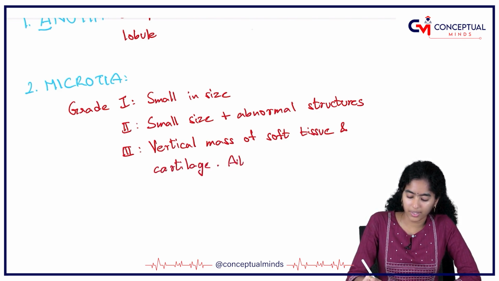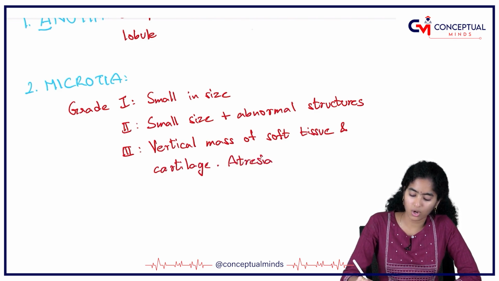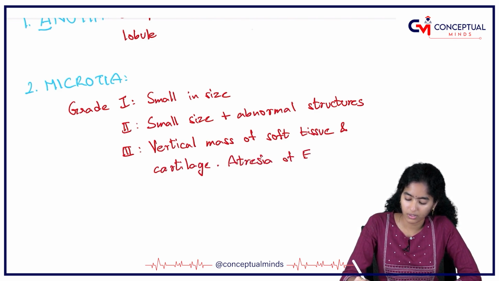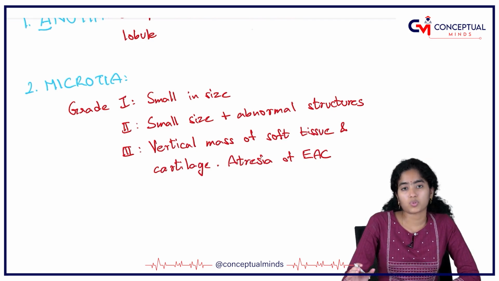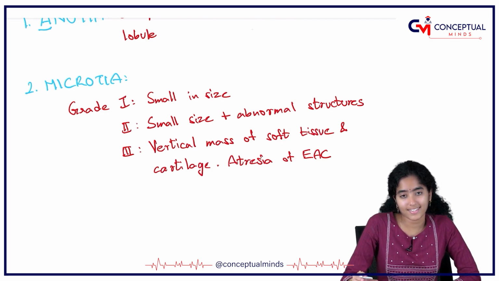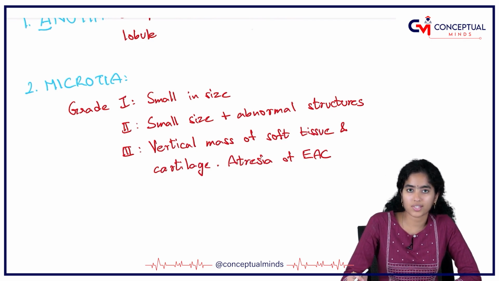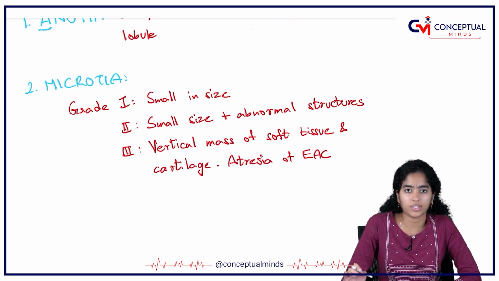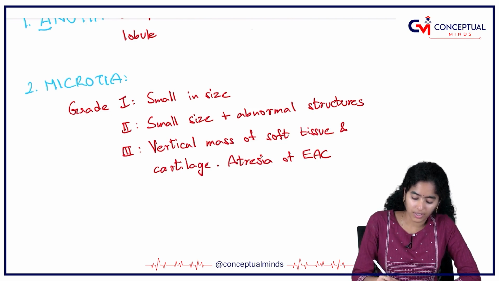Sometimes there can be atresia of external auditory canal. Now, a small pinna or abnormalities might not result in hearing loss, but atresia of external auditory canal definitely will lead to hearing loss. And finally, we have grade 4.